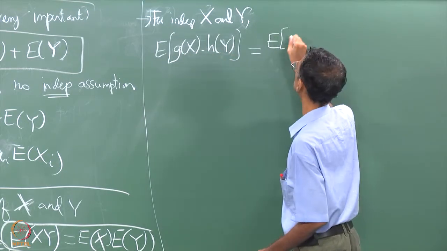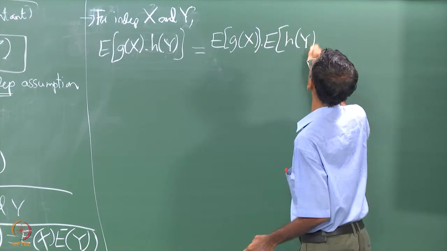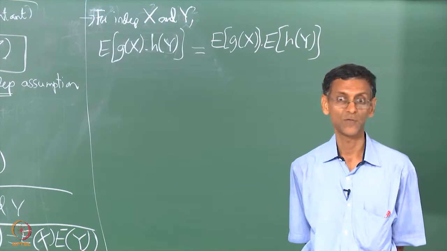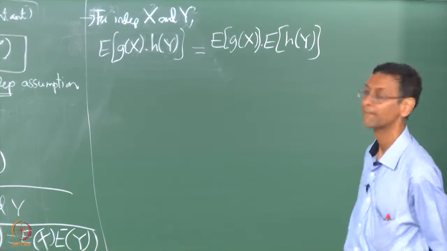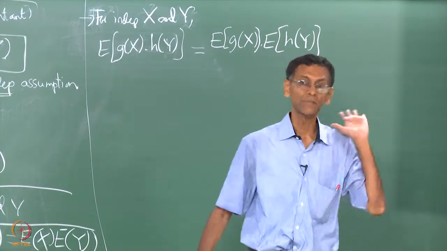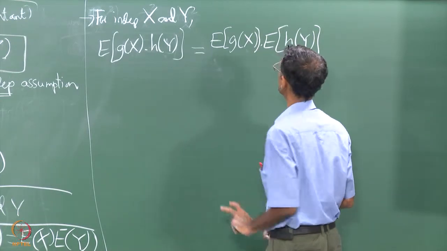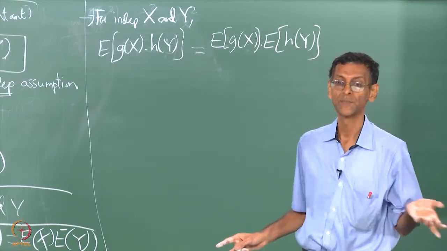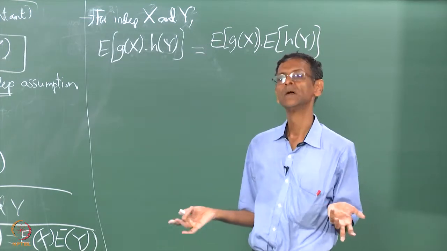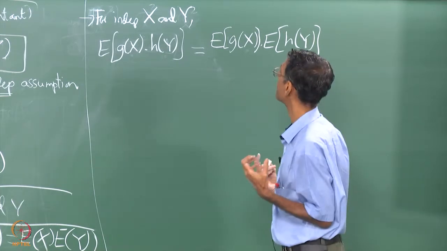So this will be E of g(x) multiplied by E of h(y), again the law of the unconscious statistician comes in. Notice just one E for everything. It is absolutely unambiguous: this is E of g of x, which uses only the PDF of x, finished. This has x here and y here, so in general it has to use the joint PDF or joint PMF. Is this clear to everybody?